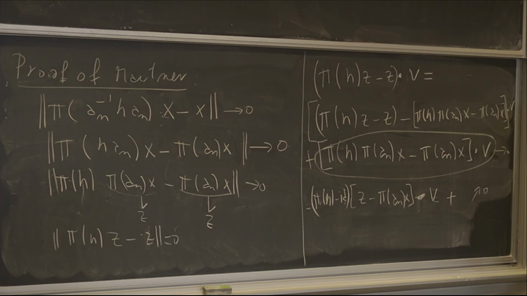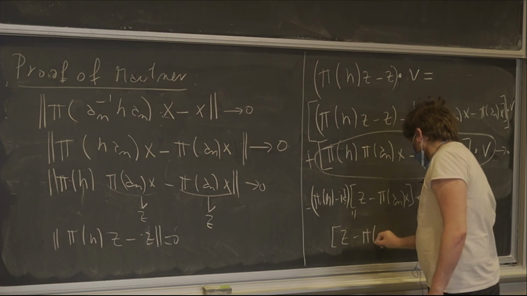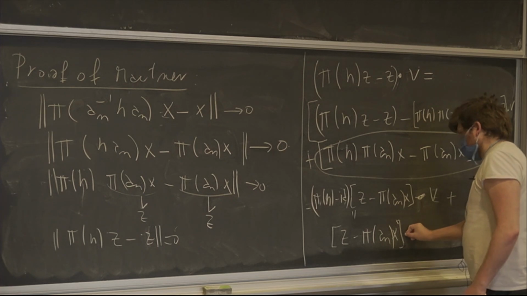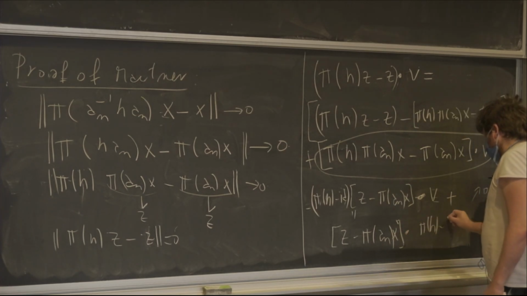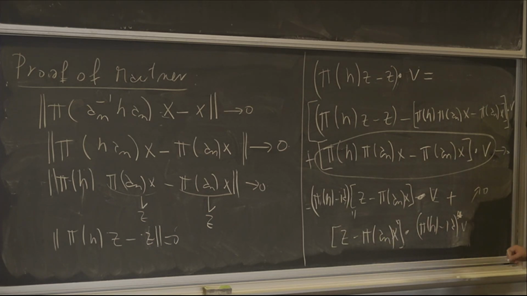Okay, I think I didn't do what I wanted, even though I can survive with it. So this is equal to z minus pi a n x dot pi h minus identity star of b plus the guy going to 0.